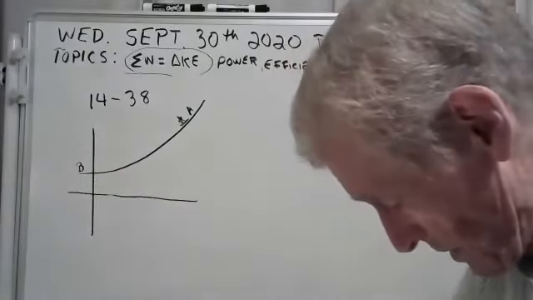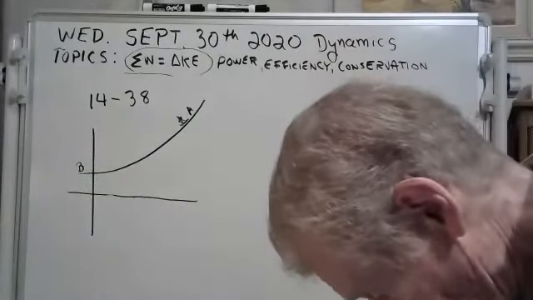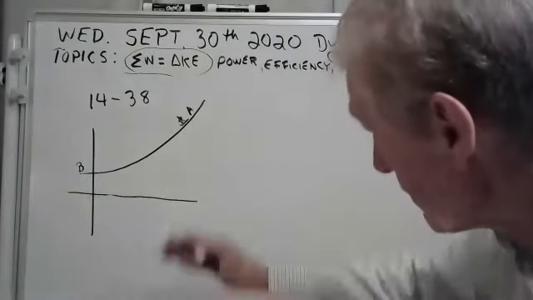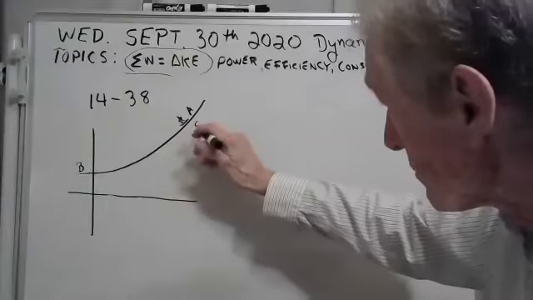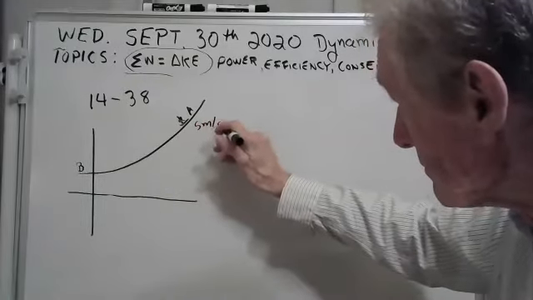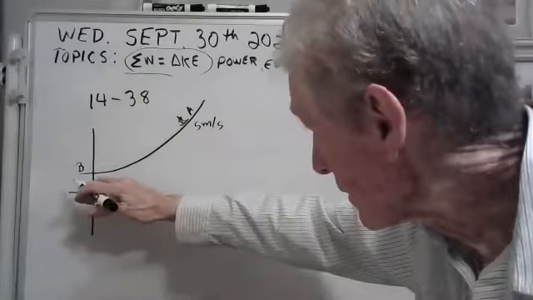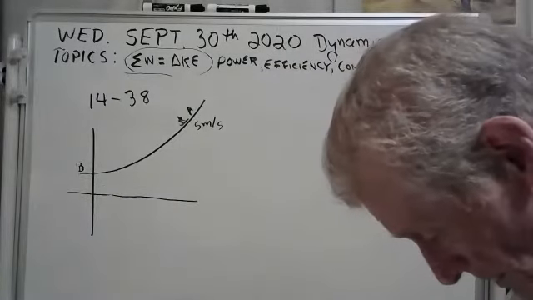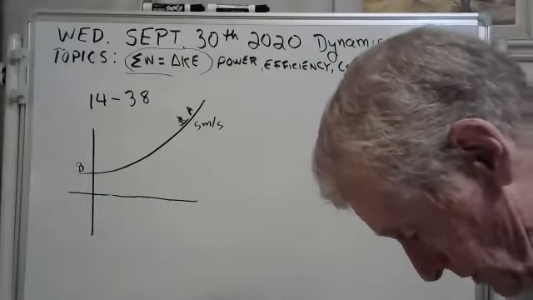And when he gets to B, they want to know how fast he's going. Right now, he's going 5 meters a second. And then when he gets to B, they want us to find the velocity and the normal force. We can do that.